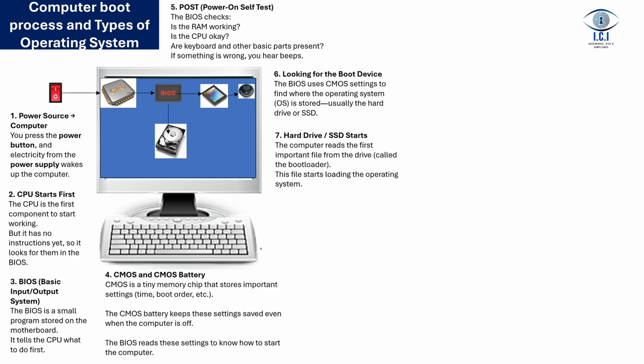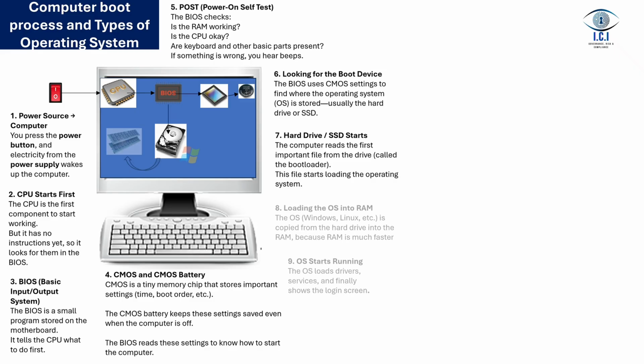So the BIOS goes through using your CMOS settings to find the operating system, and then your computer reads the first important file from your drive, and this file starts loading your operating system. And then your operating system is copied from your hard drive into your RAM, because your RAM is much faster.